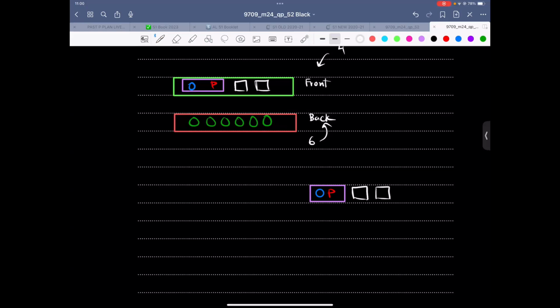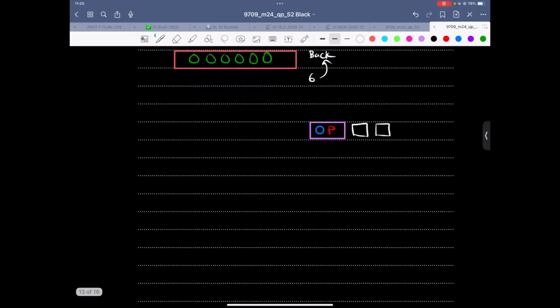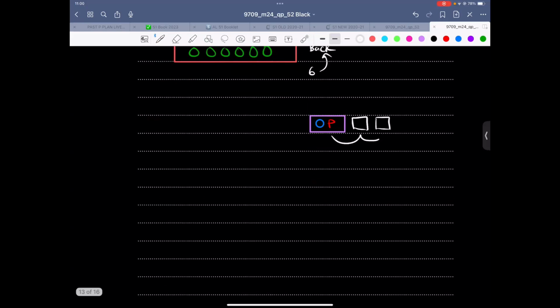So let me talk about the 3 options. Why are there 3 options? Because among the boxes, they could switch around. So the box is at the front, the box is in the middle, and the box is at the end. So now we have these options.